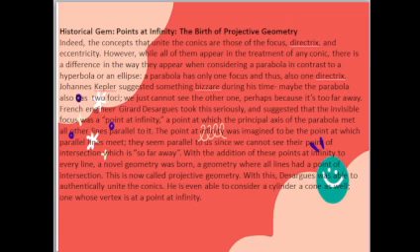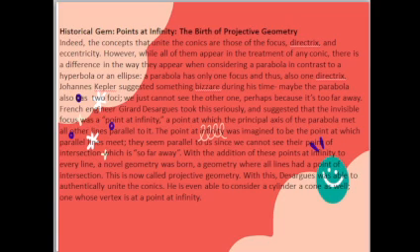So we will go to the historical gem. We have points at infinity, the birth of projective geometry. Indeed, the concepts that unite the conics are those of the focus, directrix, and eccentricity.